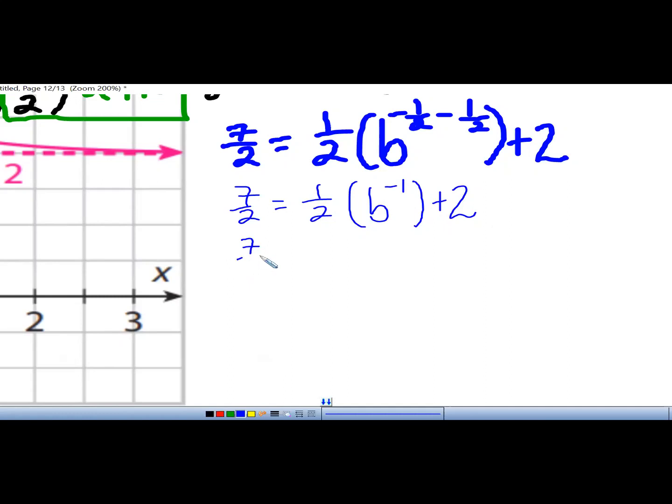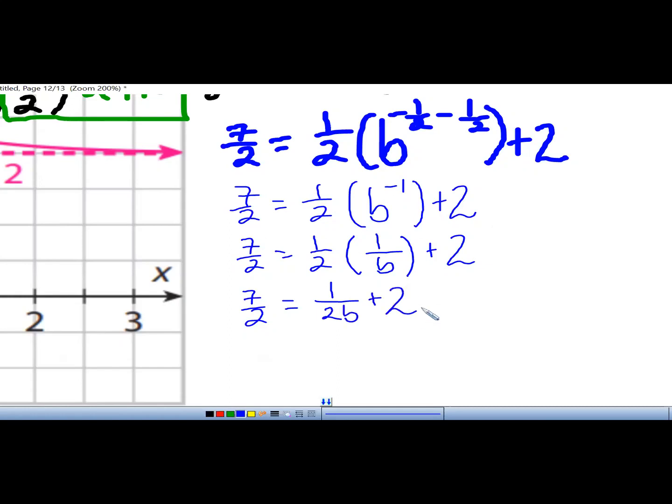Let's continue. 7/2 equals 1/2. Can we leave this as a negative exponent? No, it goes to the denominator. There it is, plus 2. Continue. 7/2 equals, what is 1 times 1? 1. 2 times b is 2b, and then plus 2.